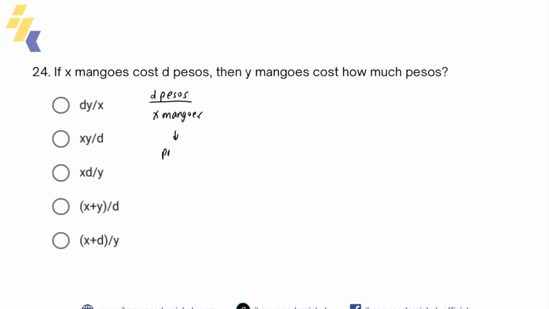And dito makukuha na natin yung price of each mango. Then we multiply that by Y pieces of mangoes to get the price of Y mangoes. So we cancel mangoes and we have here D times Y over X pesos. And that is the first option. Okay?